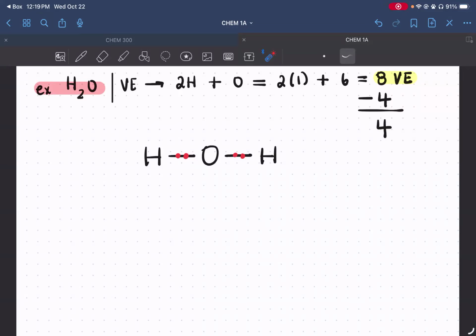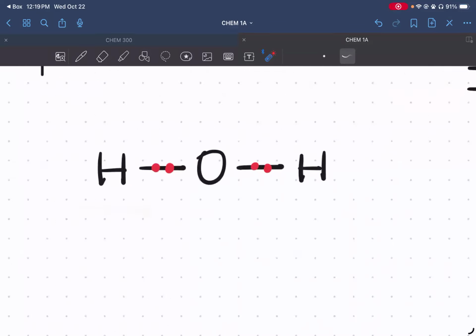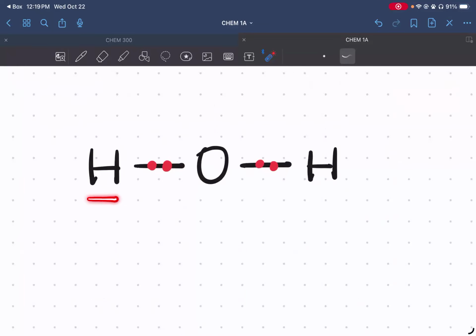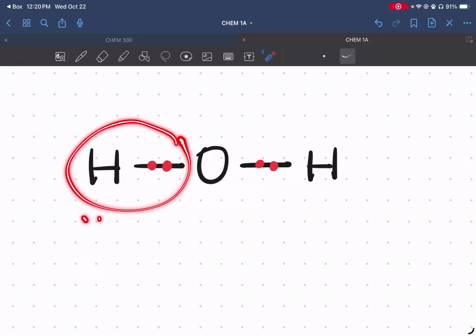So focus on the outside atoms first, just starting over here on the left. If we zoom in, we can see that this hydrogen has access to 1, 2 electrons. Hydrogen, being close to helium, tells us that it is satisfied with 2 valence electrons. So this hydrogen, as written, is satisfied.